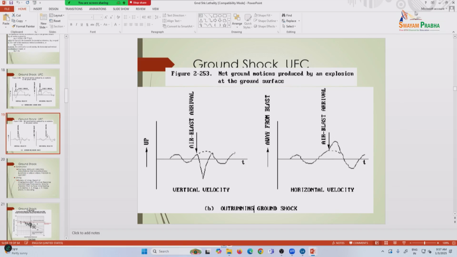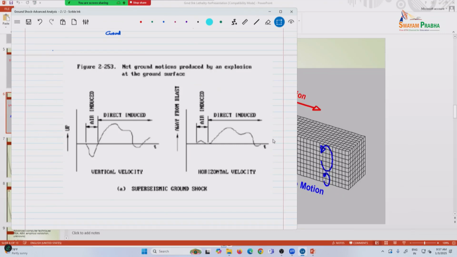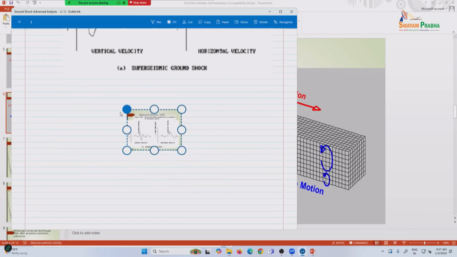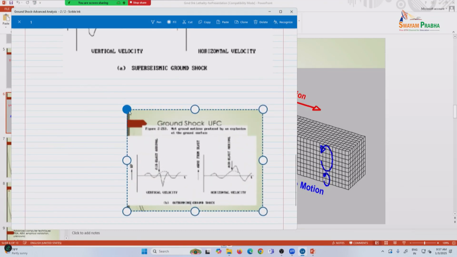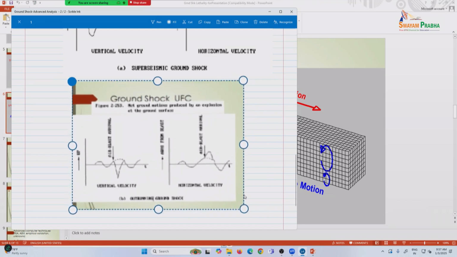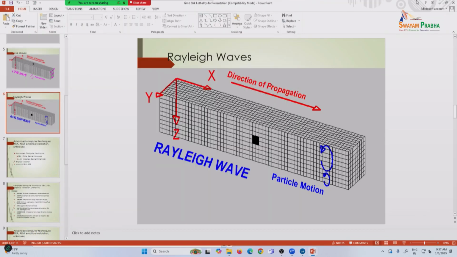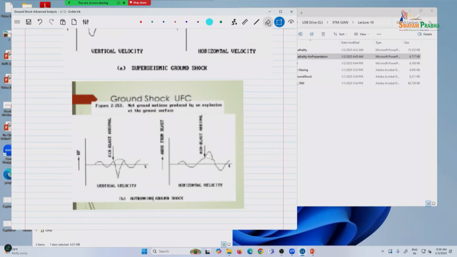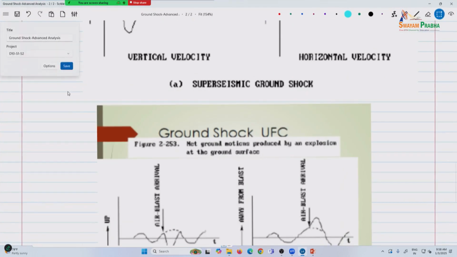So you can look into that effect a little bit more. So let me also present that. I'll just put that here. Okay. So this is in the UFC 3-340-02.